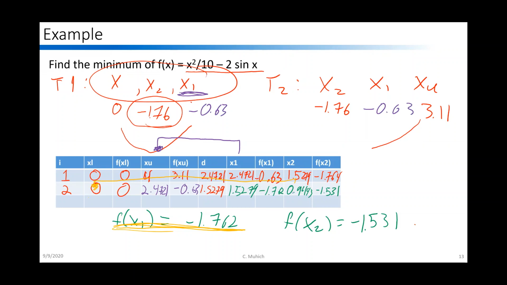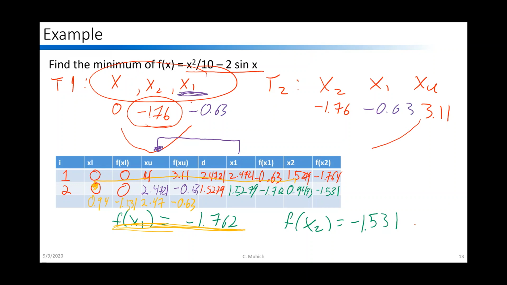Okay, so we can plug this in. We've now got 0.94. We can pull out that x2 f of x value, negative 1.531. Our upper value we're going to keep, so that's still 2.47 with its negative 0.63.